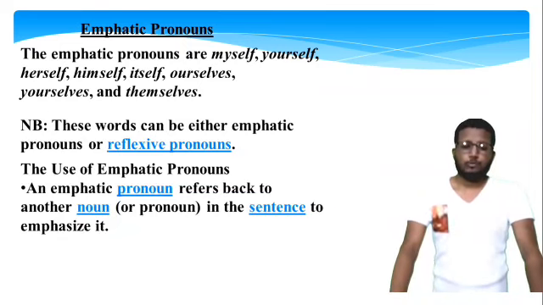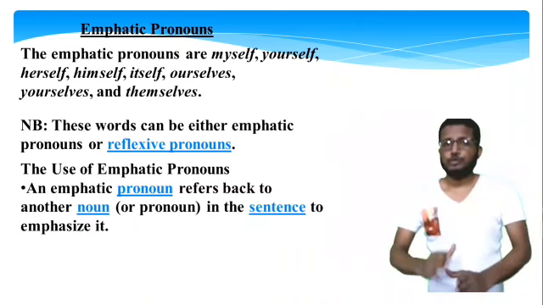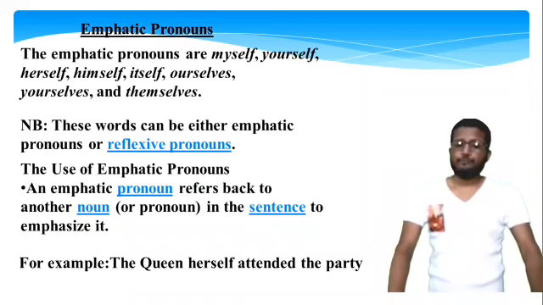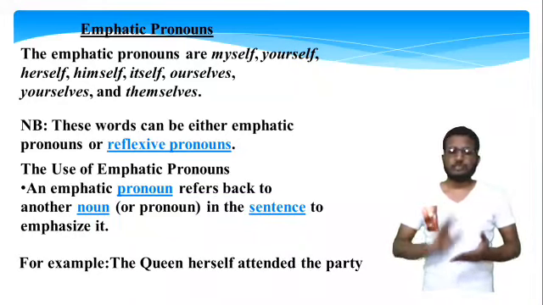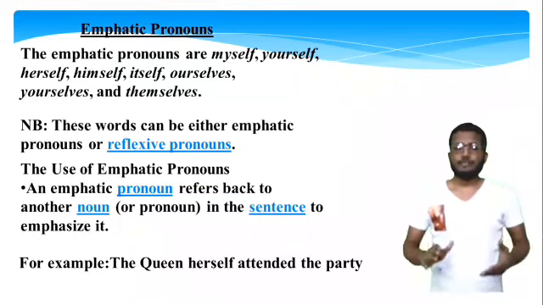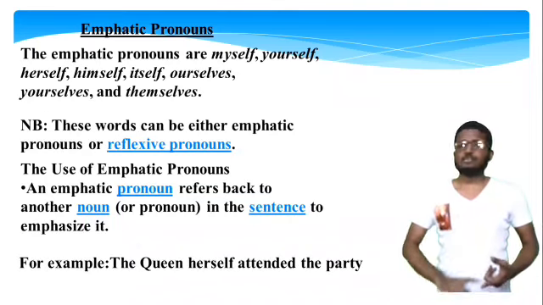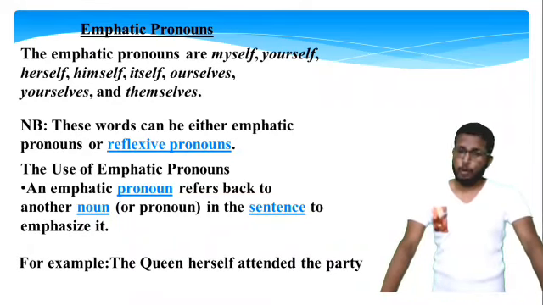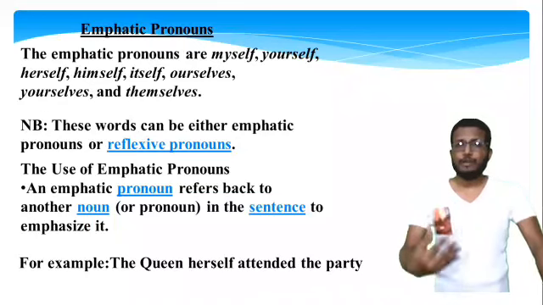The use of emphatic pronouns: an emphatic pronoun refers back to another noun in the sentence to emphasize it. Just after the main doer it will be placed. For example, the queen herself attended the party. You can see the position of the word herself. Its position is just after the queen, and the queen is a lady. So when the reflexive pronoun's position in a sentence is just after a particular subject, then that pronoun is called an emphatic pronoun, because in that sentence it is emphasizing the previous noun.